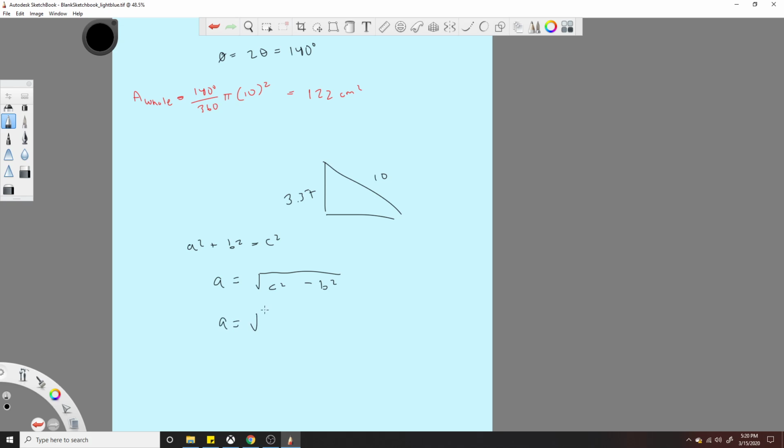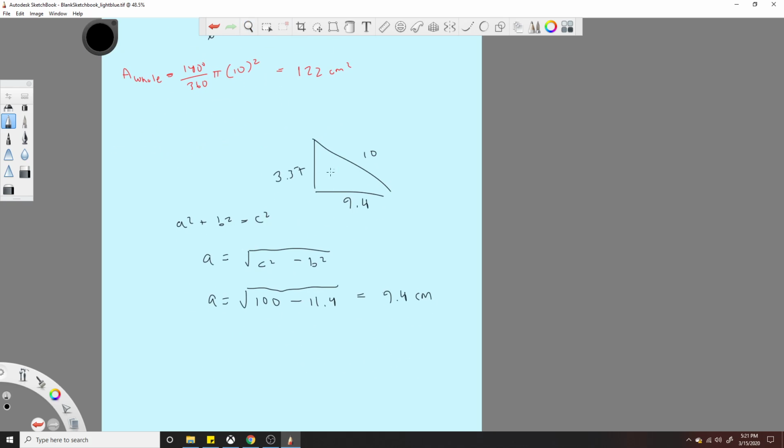A equals root. So 10 squared would be 100. Type in 3.37 squared. 3.37 squared is 11.4. And that's going to equal roughly 31 centimeters. Oh wait, no, it's going to be roughly equal 9.4. Sorry, centimeters. Jumped ahead. So now we have 9.4 here.